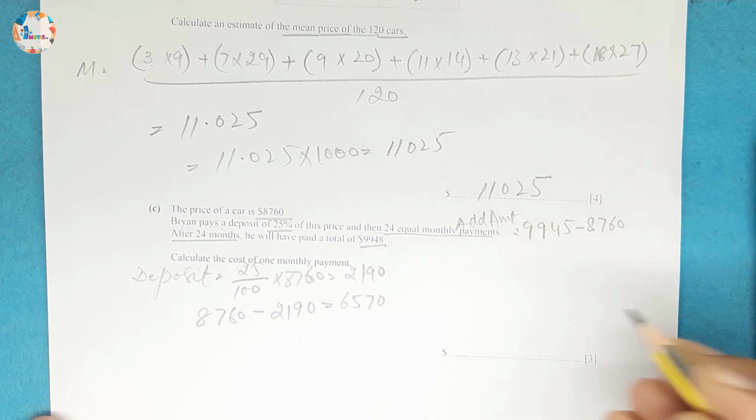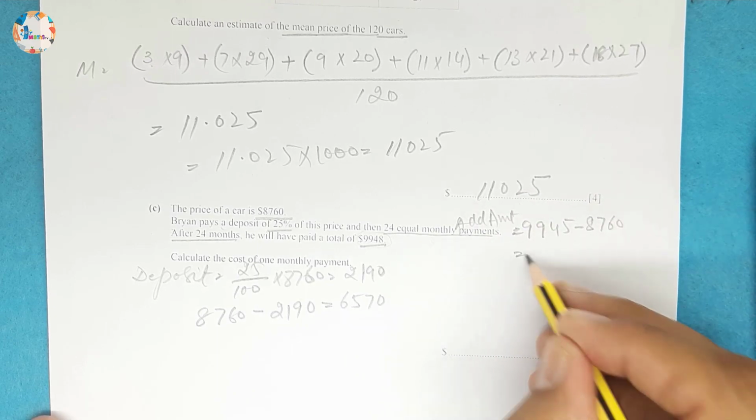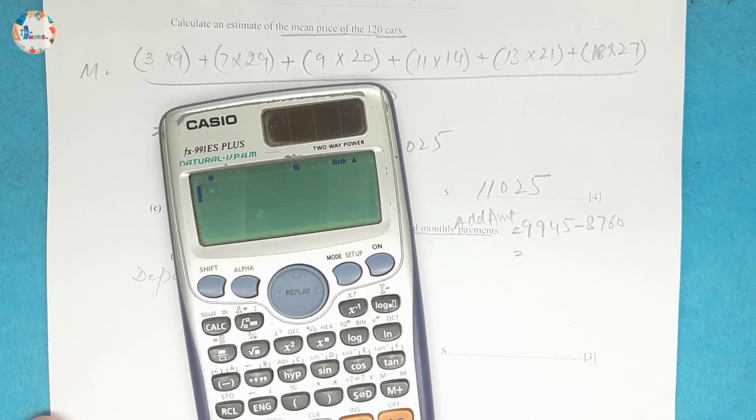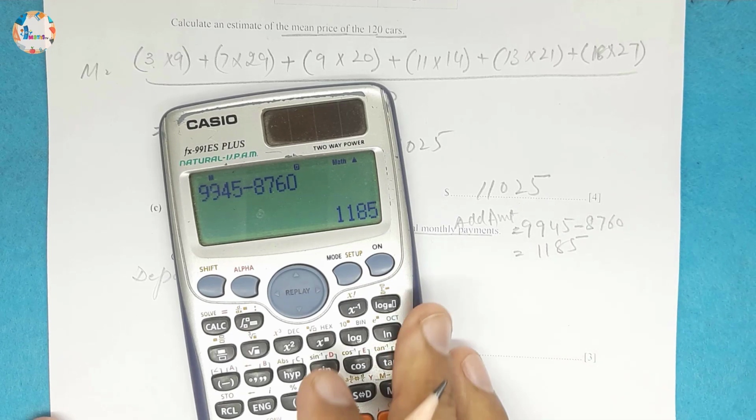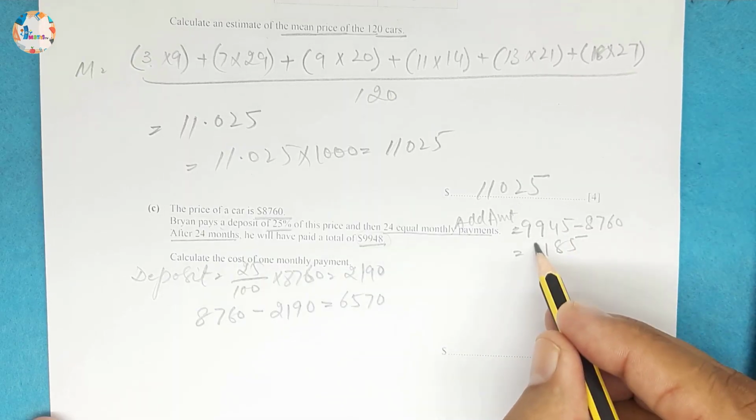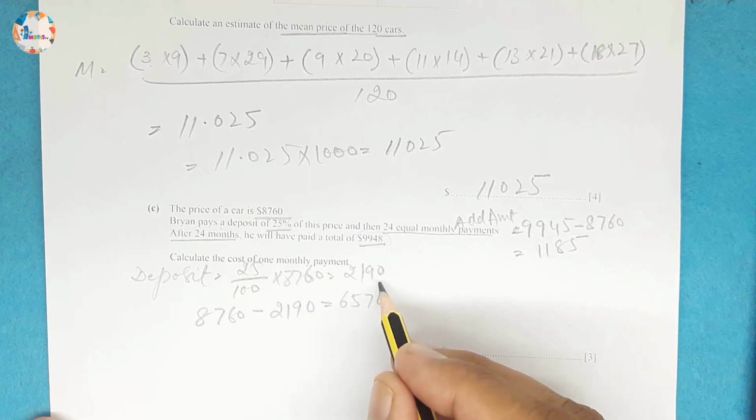So the added amount will be equal to 9945 minus 8760. This is basically the additional amount which is charged because of installments. Now this much amount and this much amount is paid as installments.